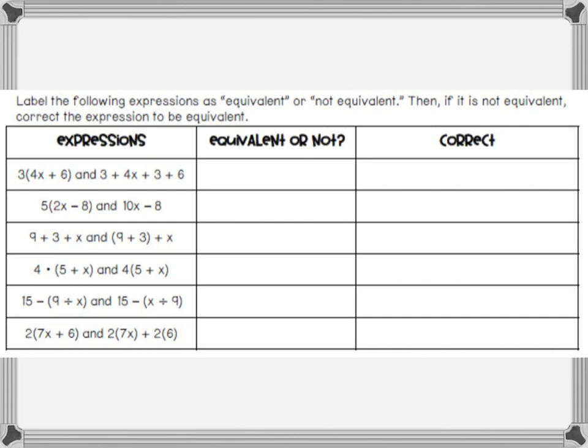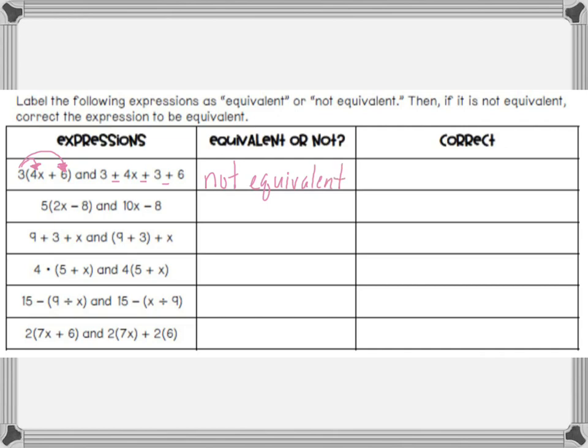So here I have 3, and it is being multiplied by everything inside of these parentheses. So I know that I would need to take that 3 and multiply it by 4x and multiply it by 6. I have to distribute it. But in this expression, it has me adding those things together. Well, that means that this is not equivalent.